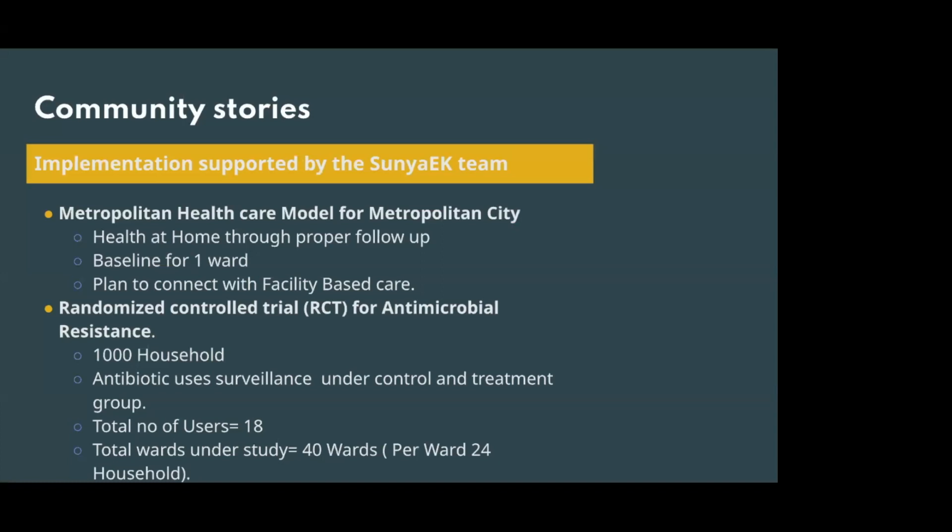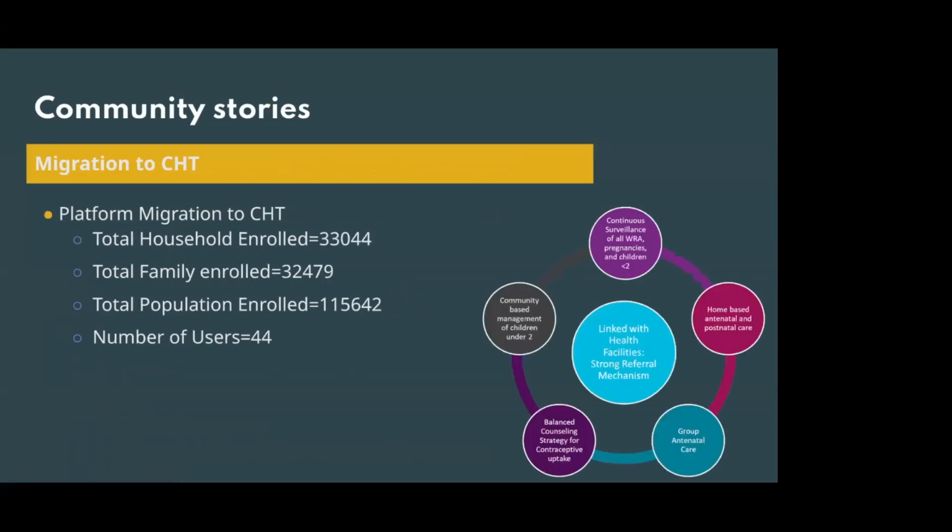The total number of users for this intervention is 18, who are nurses, whom we have trained to use the app and collect household-level information. The total number of wards included in this study is 40, and per ward there are 24 randomized households, which is again randomized.